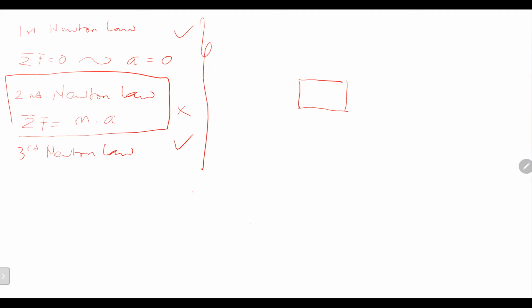If I have a box that has a mass of 10 kilograms, we assume that gravity is 10 meters per second squared. I put the box on top of the ground.